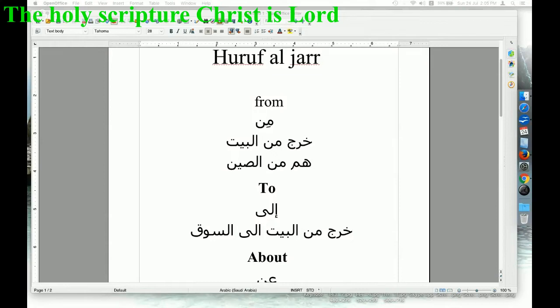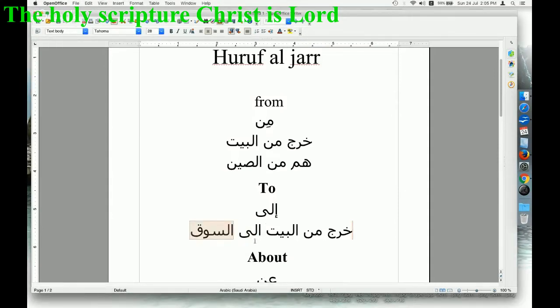You say he left from home, he went to, right? To, and then after that you add where. It's the same in Arabic, as you see. He left from home, خرج من البيت, and he went to the market, إلى السوق. Remember, إلى has a hamza underneath, and on my keyboard I could not type it. All right. So خرج من البيت إلى السوق.